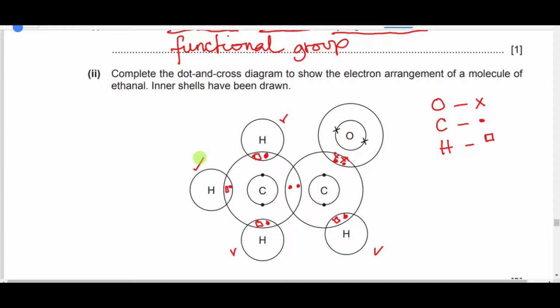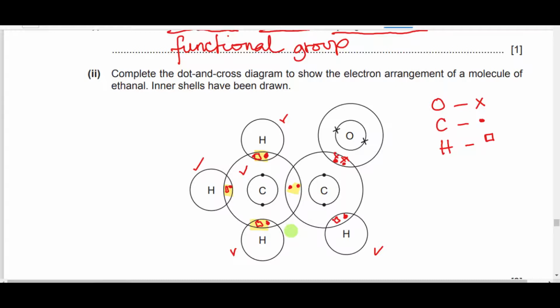Fine. Let's look at each carbon atom, the outermost shell. 1 2 3 4 5 6 7 8. Fine. 1 2 3 4 5 6 7 8. Great. So carbon is complete. Let's check for carbon.